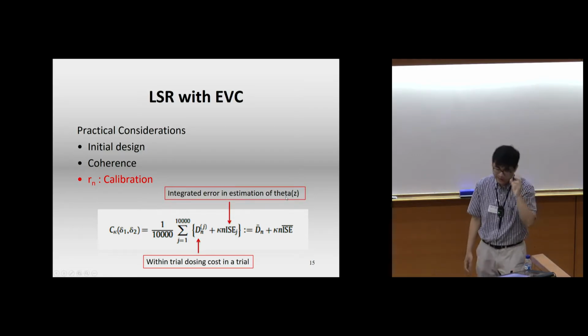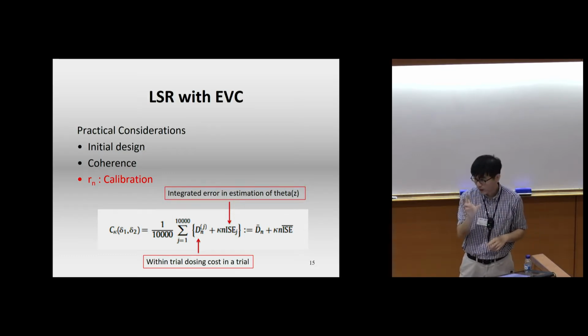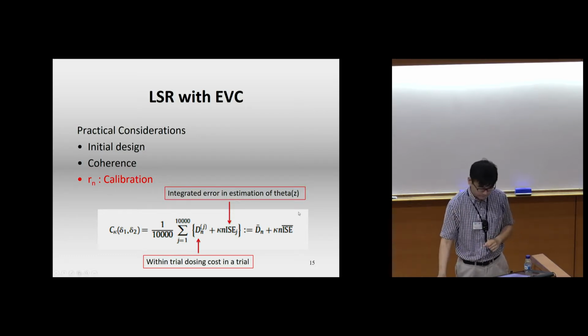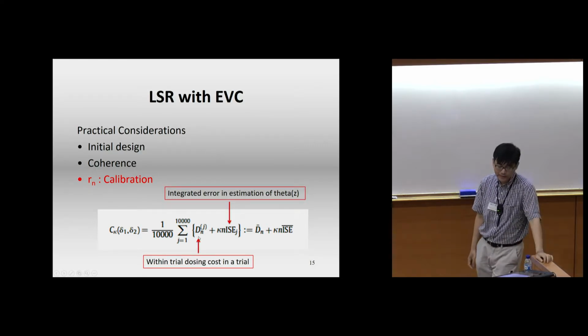Essentially, it's a squared error loss function, but we need to integrate with respect to z, because now we have the distribution of z. So this will represent the estimation property, the estimation error of the procedures. And then dn is also a squared error loss for patients who are treated during the study.